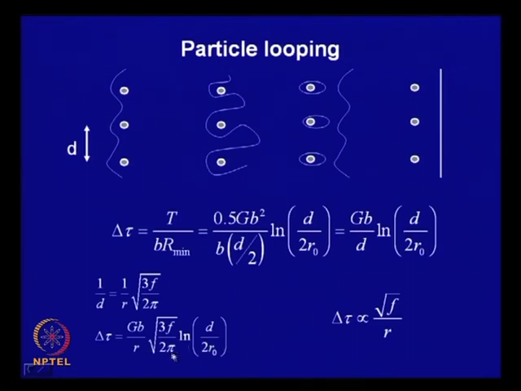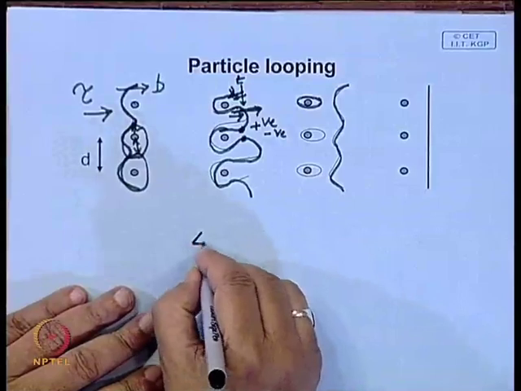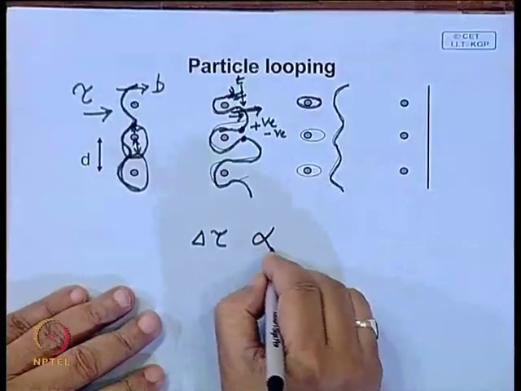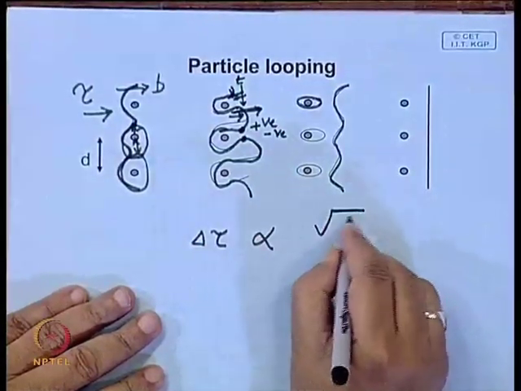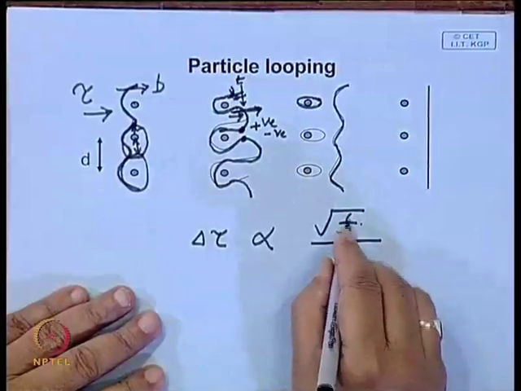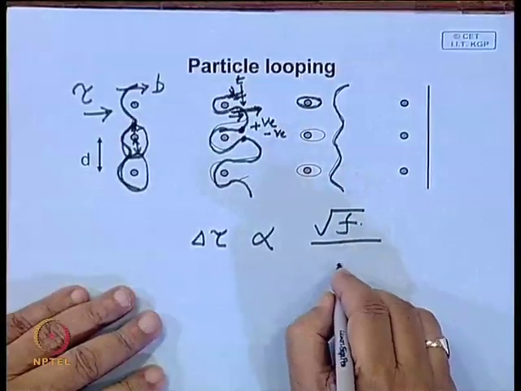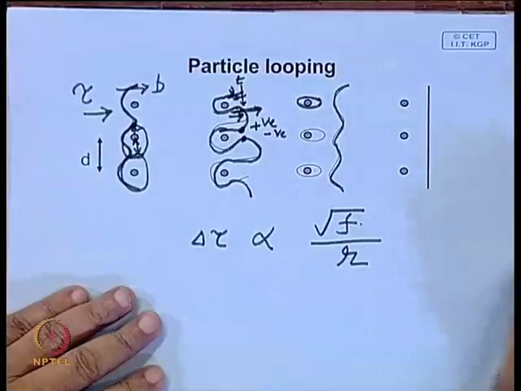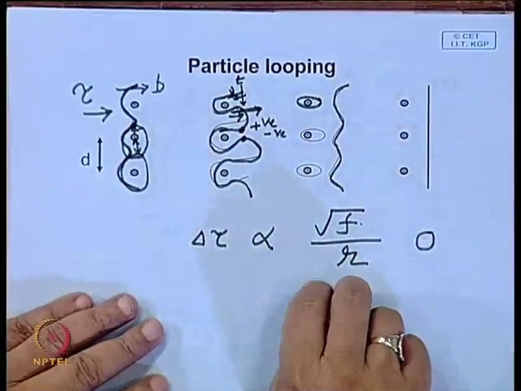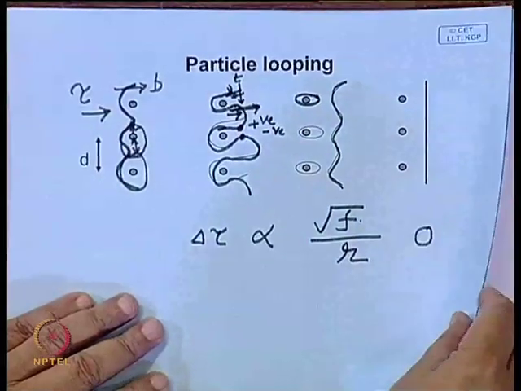In short, the strengthening which you are getting is proportional to the root of the volume fraction of precipitate over the radius of the precipitate, which is quite important, and we will use it later.